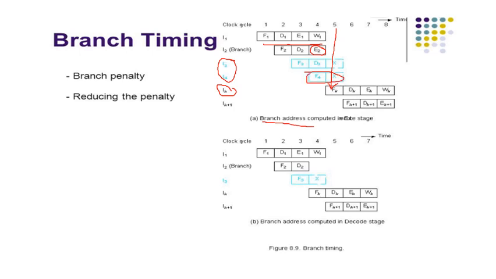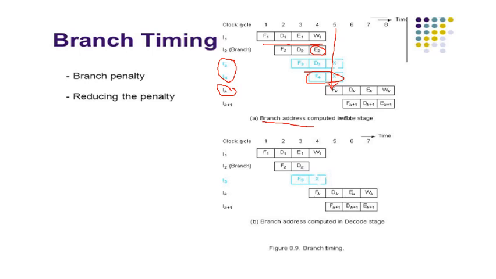Reducing the branch penalty requires the branch address to be computed earlier in the pipeline. Typically, the instruction fetch unit has dedicated hardware to identify a branch instruction and compute the branch target address as quickly as possible after an instruction is fetched.